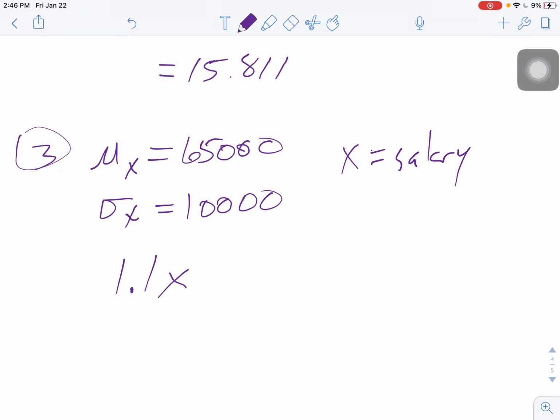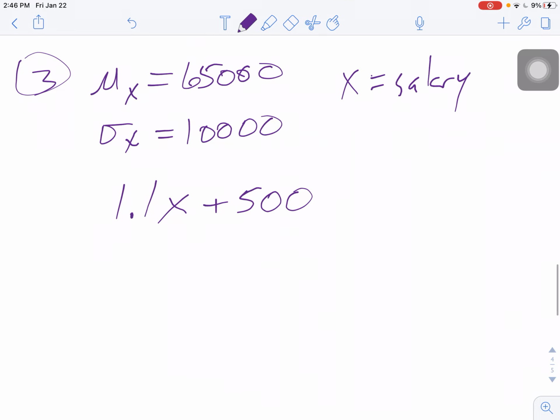Then if I applied the other bonus, the holiday bonus, that would just get added on to the top of that, added on to that 500. So what I am trying to figure out is the average salary with the bonuses, and the standard deviation of that transformed random variable.